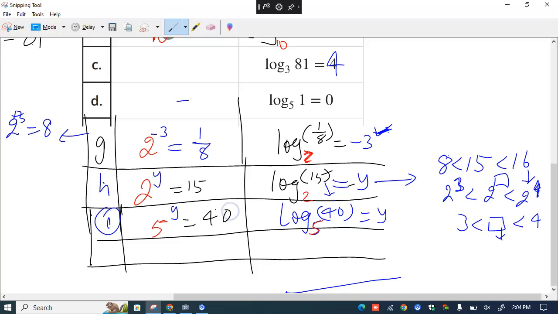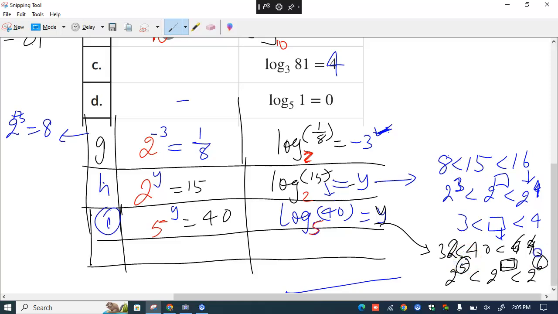If you really want to know what is the value of y, 40 is between 32 and 64. 2 raised to 5 is 32, and this is 2 raised to 6. So whatever that exponent y is, it has to be between 5 and 6.